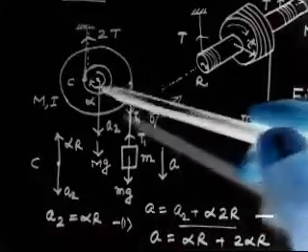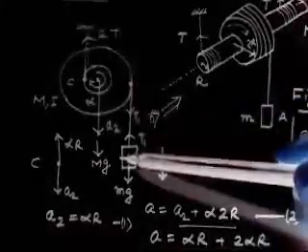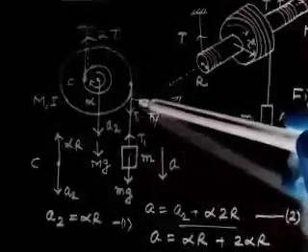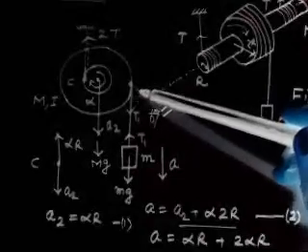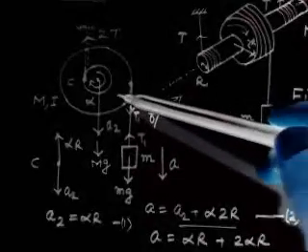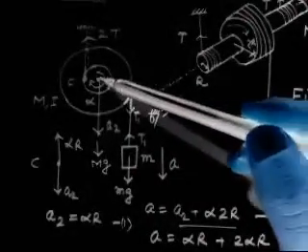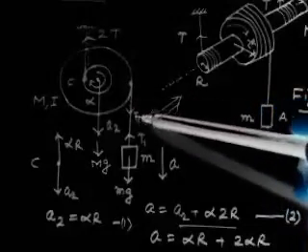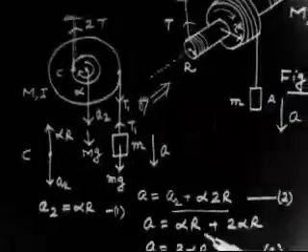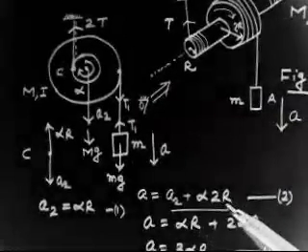This will go down because if it rotates this way, alpha r will come down. So alpha r plus a2, because acceleration of center of mass is a2. So total acceleration is a2 plus alpha r. And r is in this case 2r. So alpha into 2r. And now this point has acceleration a1, so I will have the equation a1 is equal to a2 plus 2 alpha r.